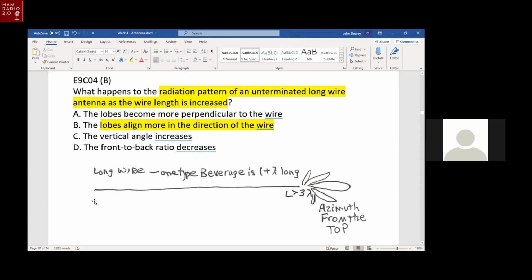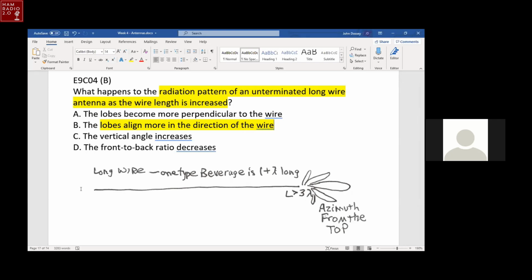And if you have enough coax and have some relays, you can put some relays at each end and feed one end or the other and reverse the direction of which this main lobe is going to take off. So that might be useful if you've got 2 directions right opposite each other. You can change it that way.